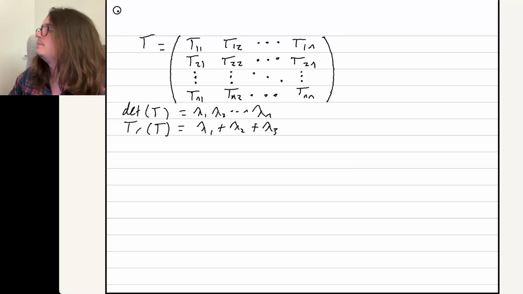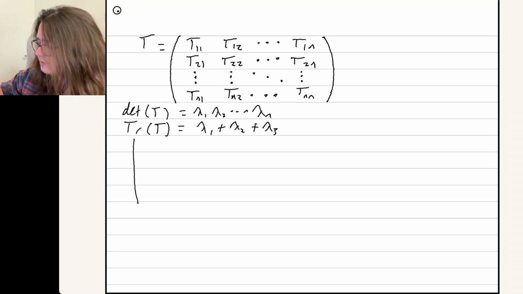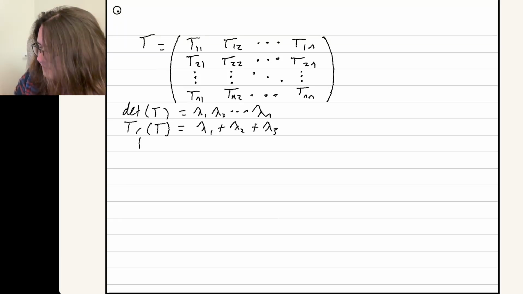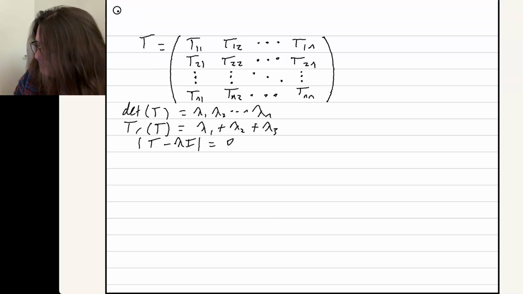The way to do this is to first set up the characteristic equation, which will solve for the values of lambda 1, lambda 2, and so on. That being that the determinant of T minus lambda times the identity matrix will be 0.